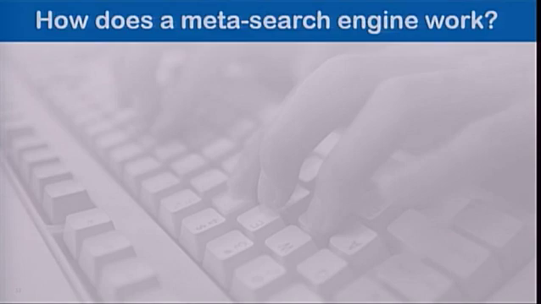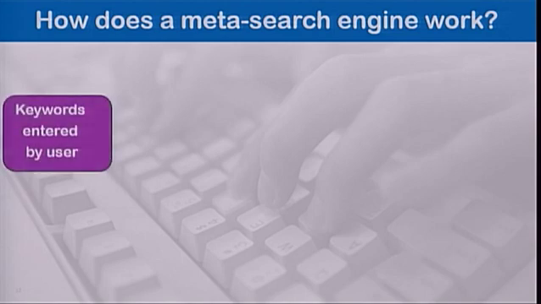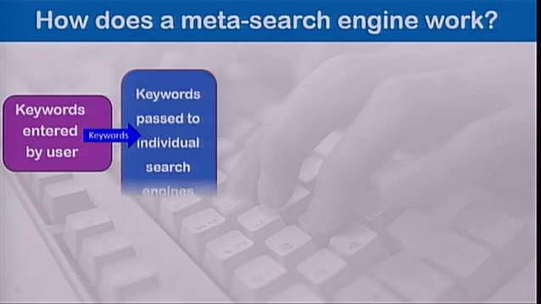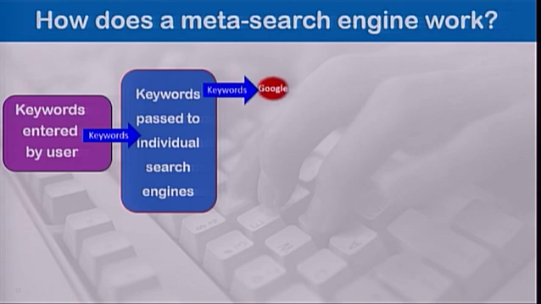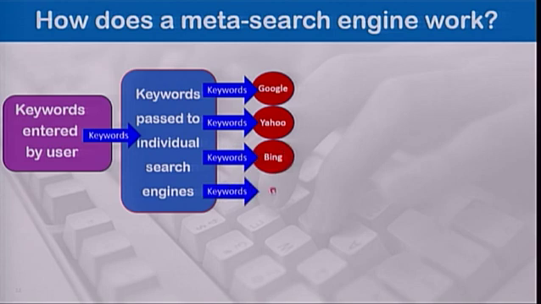How does a meta search engine work? Watch the following animation to understand. To start, keywords are entered by the user. The keywords are passed to individual search engines. Let us take the 4 search engines we saw previously as examples. So the keywords are passed to Google, Yahoo, Bing, and Ask.